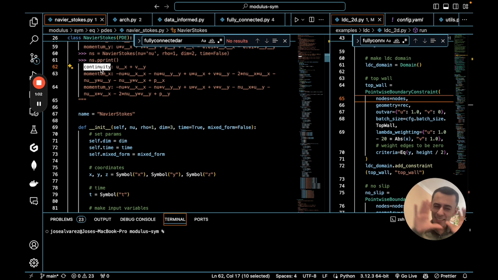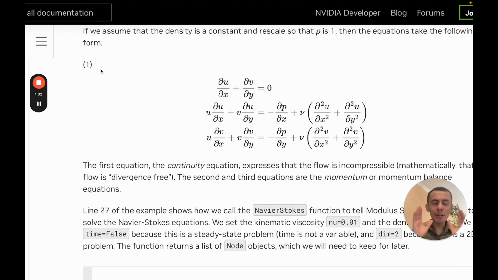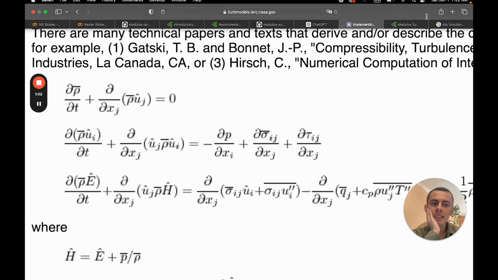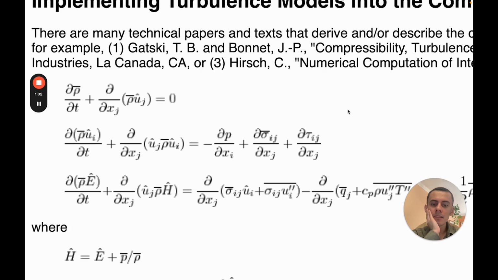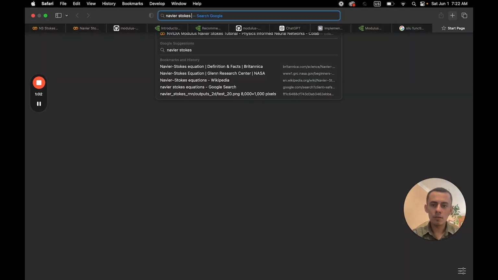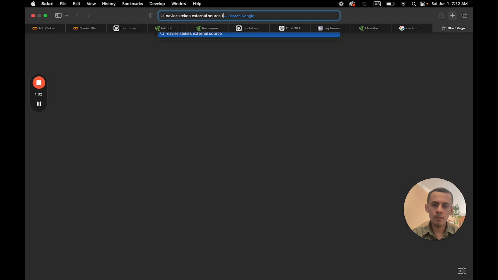Now, there's a nuance here. It's only 0 if there's no external force or source term. If there's an external source term, and I think we can learn about that somewhere, Navier Stokes external source term.